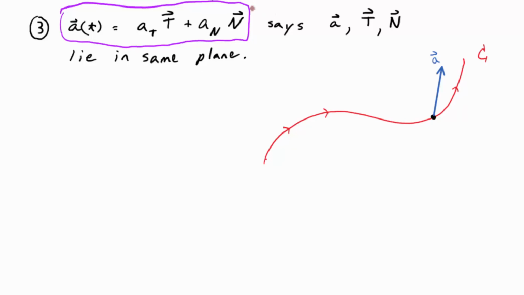Then what this little formula says here, well, okay, we know which direction T is headed in. We know that it's tangent to the curve. So let's draw T. I'll draw T in black here. But actually, I don't want to just draw T. I want to draw the part a sub t times T. So I'll draw a tangent vector.